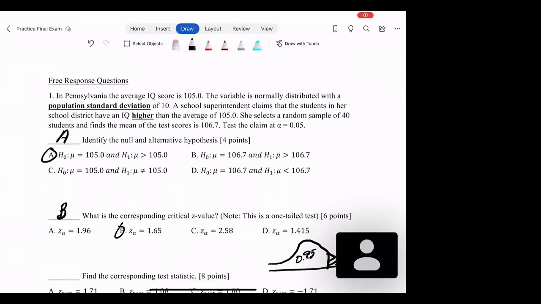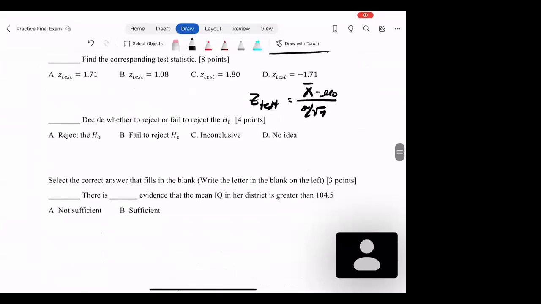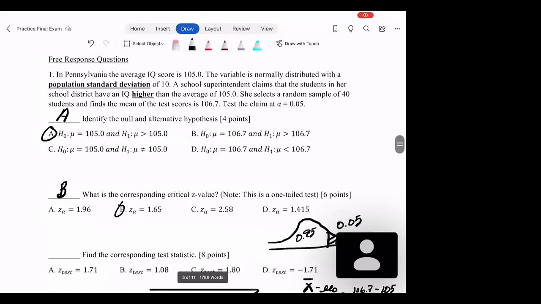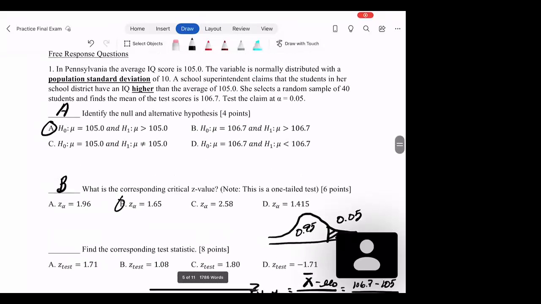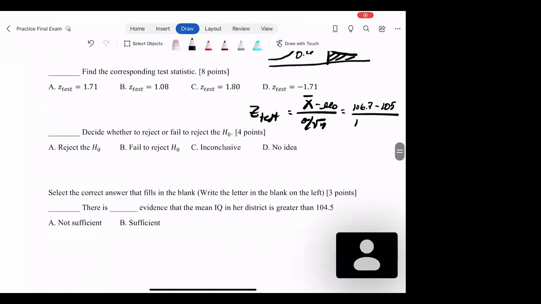Yeah, 106.7. And the mu naught is 105. So it's 106.7 minus 105, divided by sigma, which is 10, divided by the square root of 40. And if you do that, what do you get?